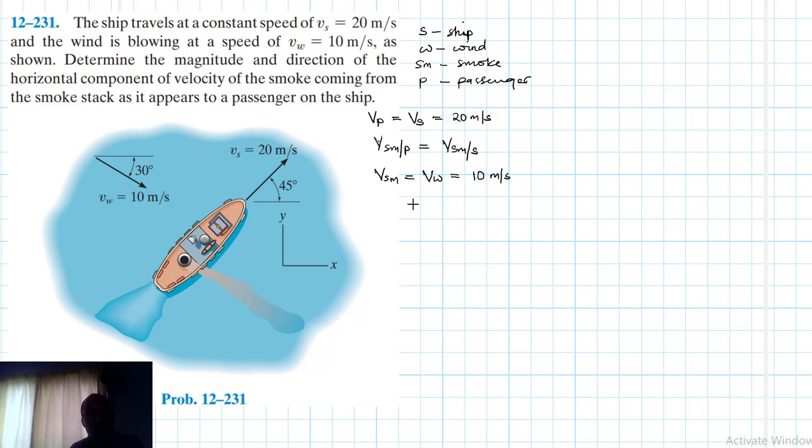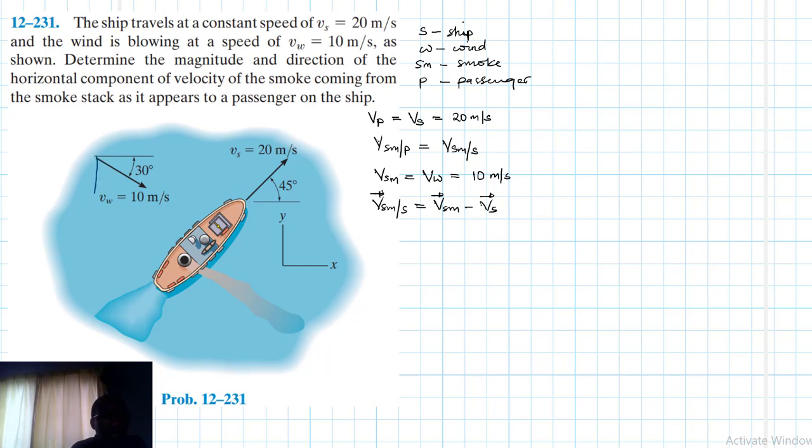So with this we can rewrite and say the velocity of the smoke with respect to the ship is just going to be equal to the velocity of the smoke minus the velocity of the ship, these as vectors now.